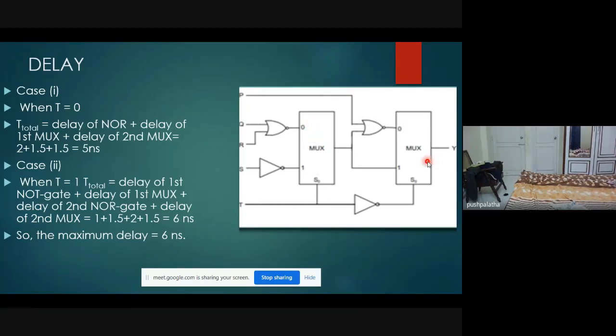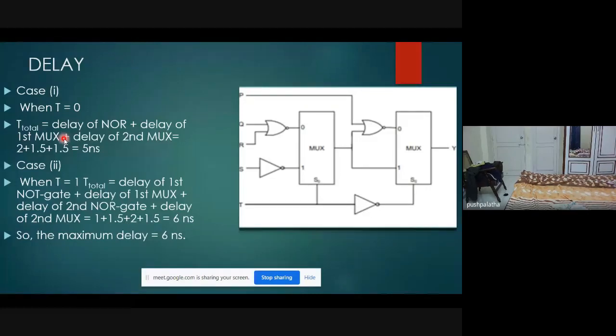What is the delay of your NOR gate? It is given as 2 nanosecond. The delay of your first mux is 1.5 and the delay of your second mux is 1.5. This is the general delay you have to calculate, which is 5 nanosecond.